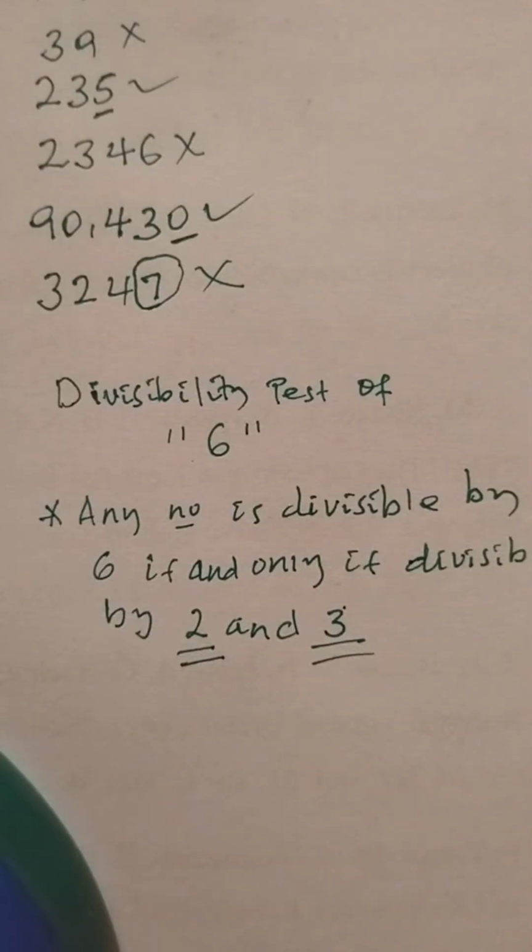If that number is divisible by 2 and 3, that number is divisible by 6.